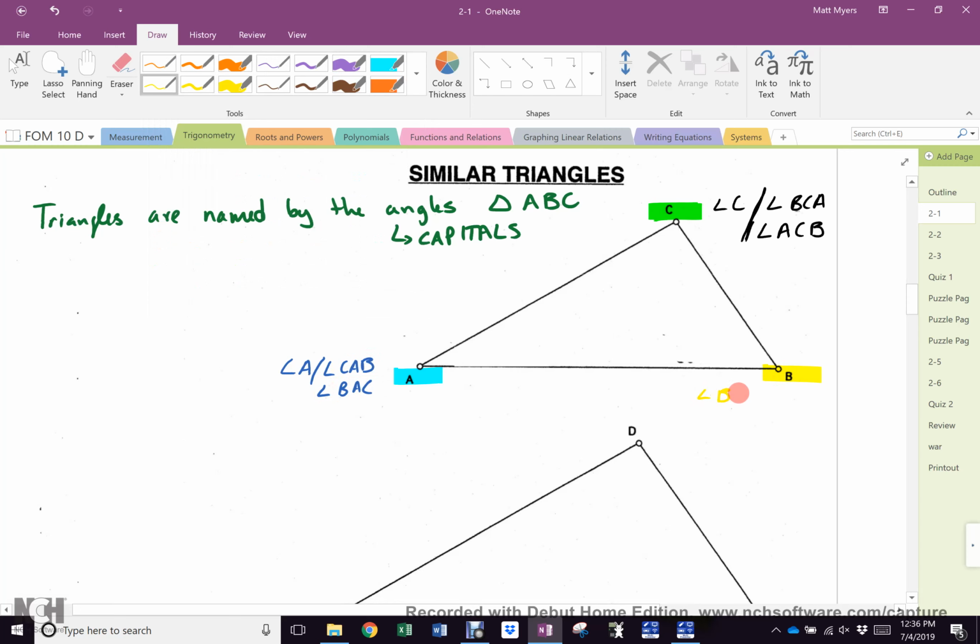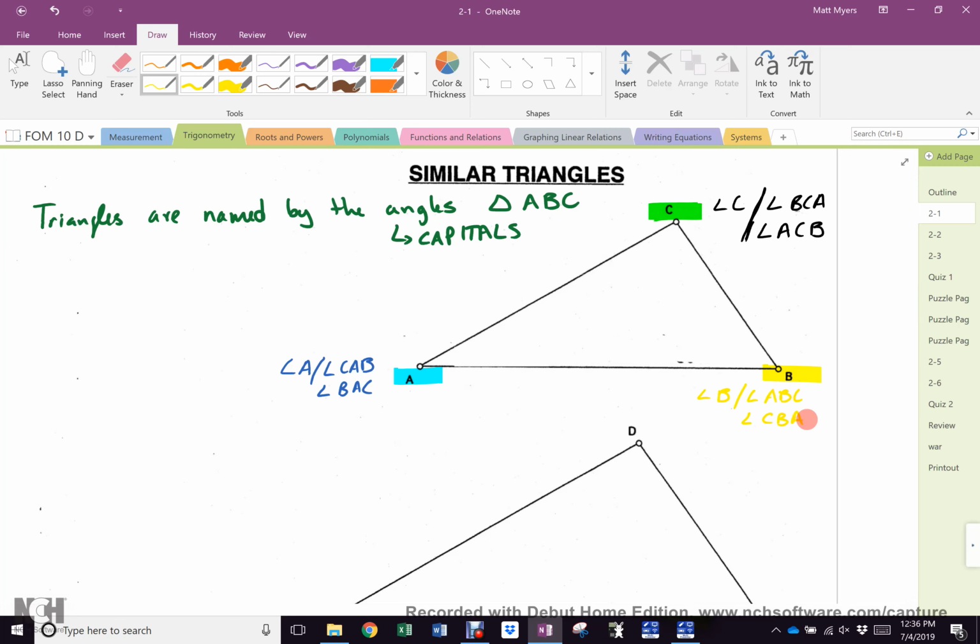Angle B or ABC or CBA. Can everybody do that? Everybody understands? Okay. Triangles are made up of three angles and three sides, correct?